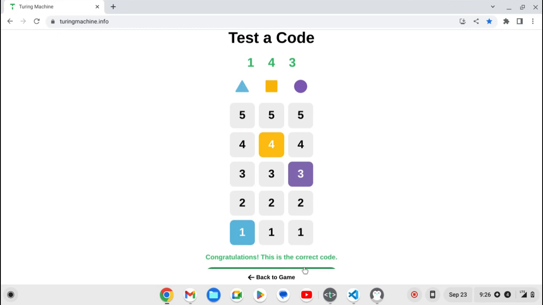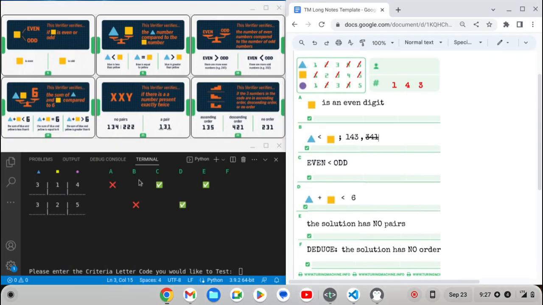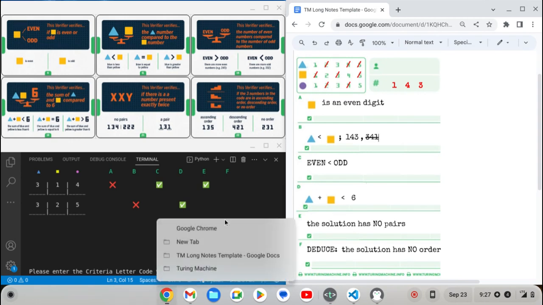Okay, fantastic, it worked out. So let's see, how did we do versus a Turing machine? Well, I believe we did only 5 tests versus 6 criteria cards, so that's always great. In the first round we did A, C, E, and in the second round we did B, D and deduced F. So let's type that up.